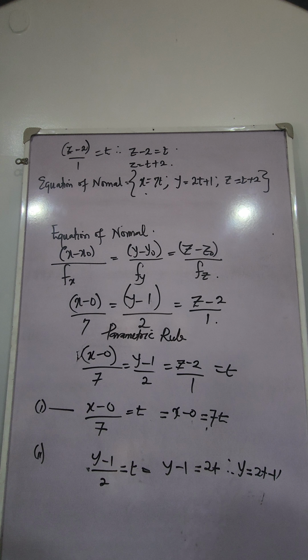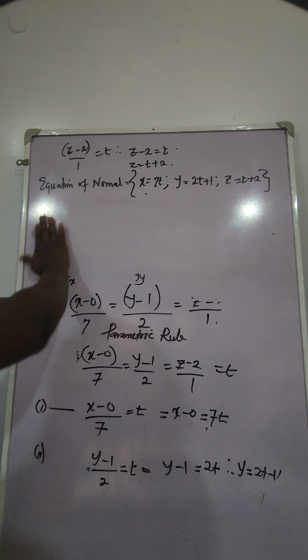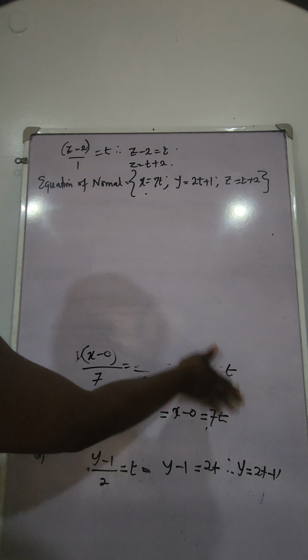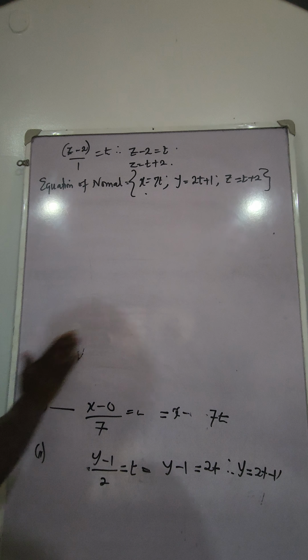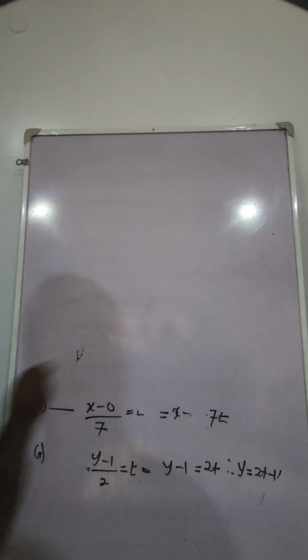You are using the parametric rule. Having said all of those, we believe that you have been able to catch an insight of what equation of normal, equation of tangent is. All right. Then we move to something called the exact functions.